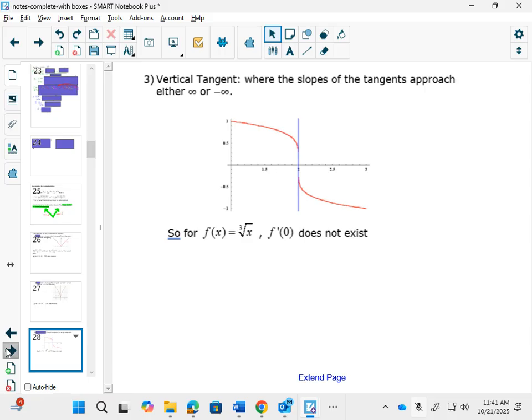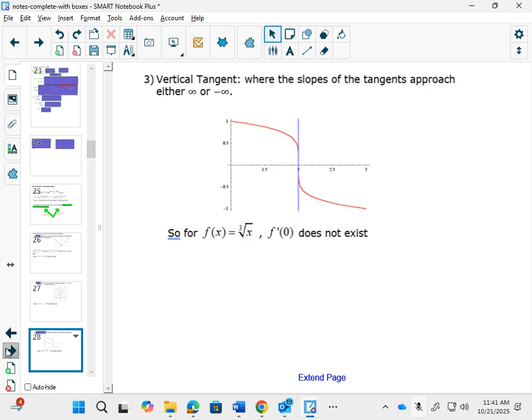Here's the cube root of x graph, which is the inverse of x cubed graph, with a shift. I've shifted it over 2 to the right. And I flipped it. Whatever, doesn't matter. Like a cube root graph. If you have a vertical asymptote, it's not sharp there. But that is an example of another place where it does not exist.